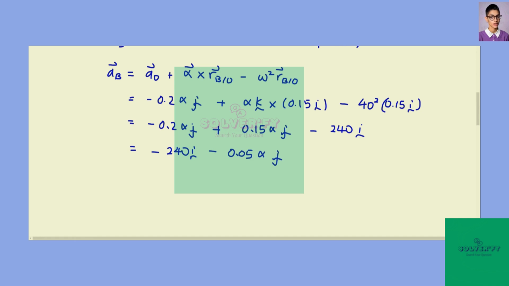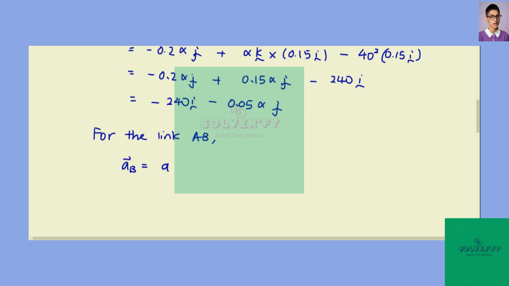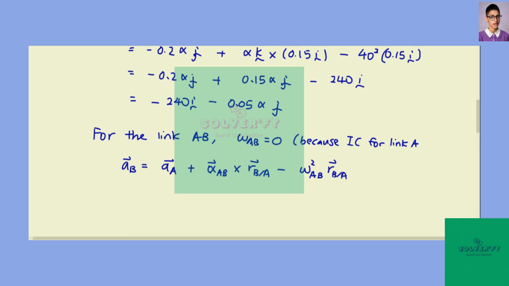Then if you look at the link AB, we have AB is equal to AA plus alpha AB cross RB relative to A minus omega AB square RB relative to A. You also need to note that omega AB is 0 because the IC for link AB is at infinity.